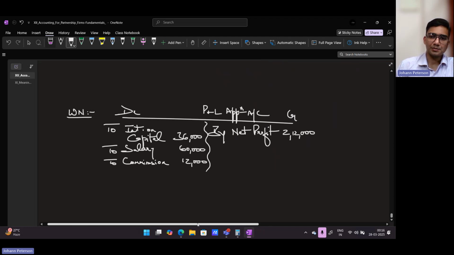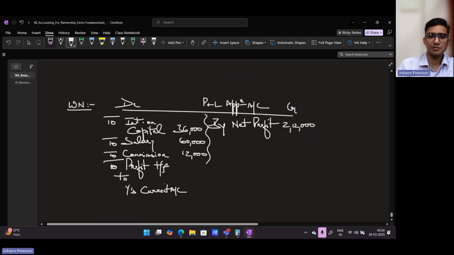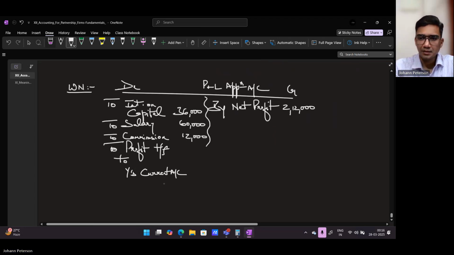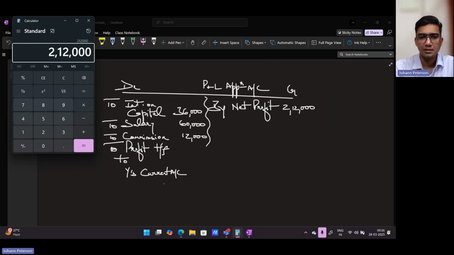Now, whatever will be our profit, how will we calculate the balancing figure? So, to profit transferred to partners, or we can just write Y and Z's current account. Let's do the difference first: 2,12,000 minus 36,000 minus 60,000 minus 12,000 gives us 1,04,000.